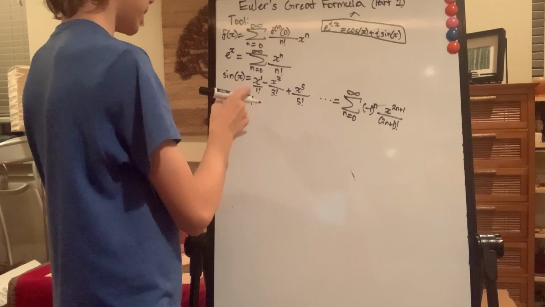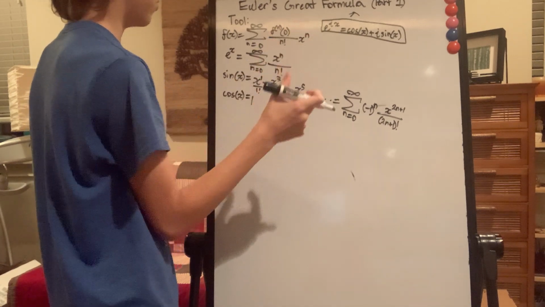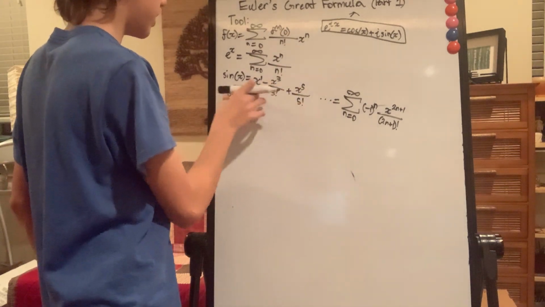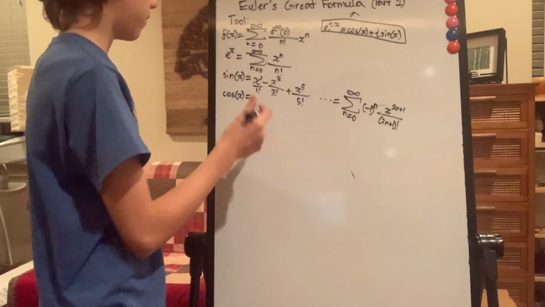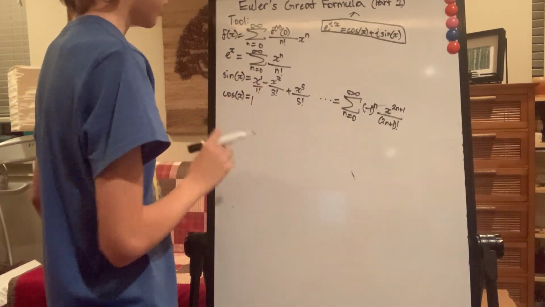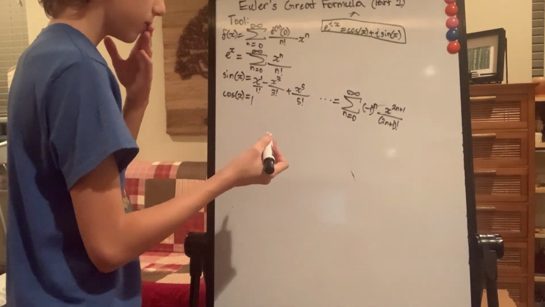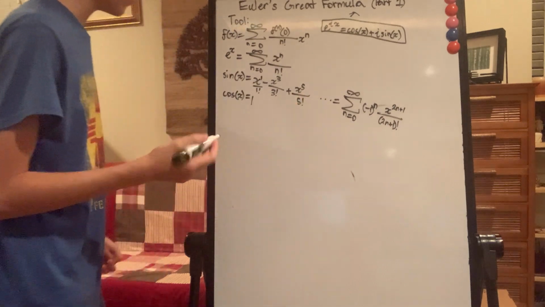For our next term, we get negative sine of x, and that's 0. So now we're looking at a different pattern. All the odd terms in this series will cancel to 0, and using a similar strategy, you can see why that's the case. So now we just look at our even terms.